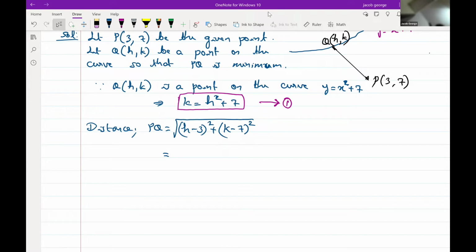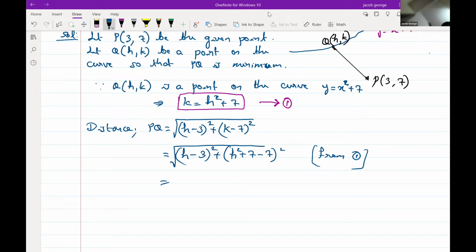Now I will substitute in place of k. K is h square plus 7. So this is in terms of two variables, and we are going to write it in terms of one variable now. Root of (h minus 3) the whole square plus (h square plus 7 minus 7) the whole square. From equation number 1, I substituted k is equal to h square plus 7. Now this plus 7 and minus 7 will go.